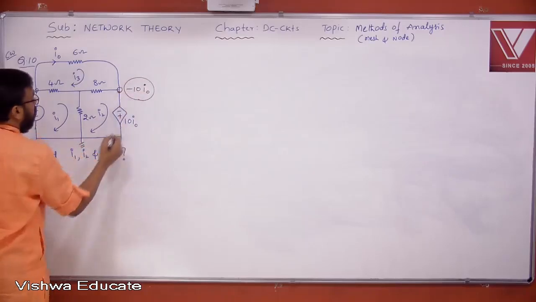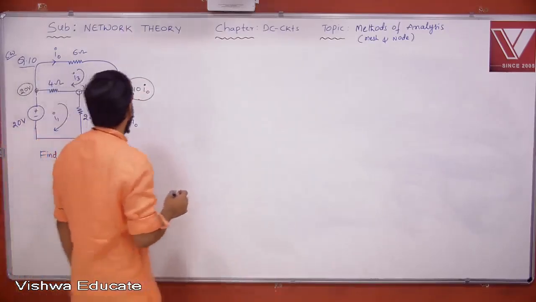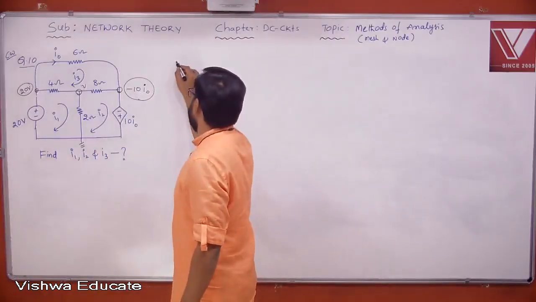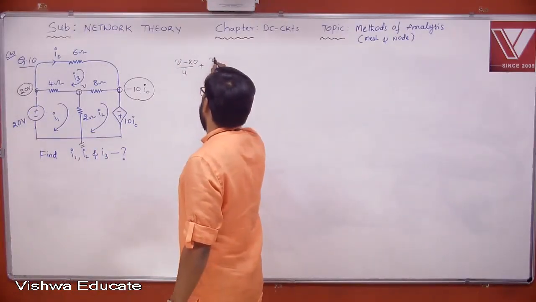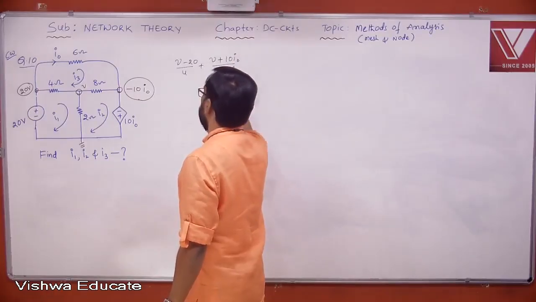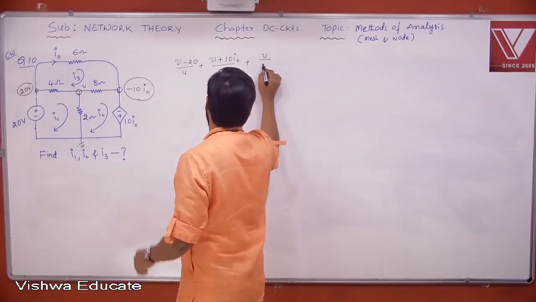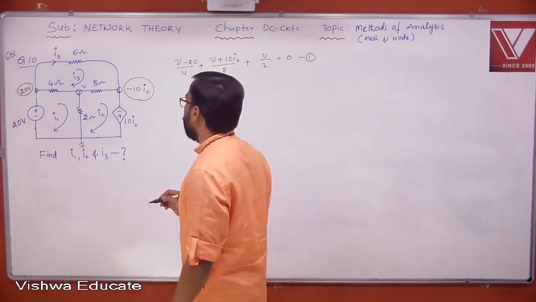Understand? Okay. And you do not know the voltage, you can take V. Okay. Now let us apply. (V minus 20)/4, plus (V minus (minus 10 I naught))/8, plus V/2 is equal to 0. Equation 1.